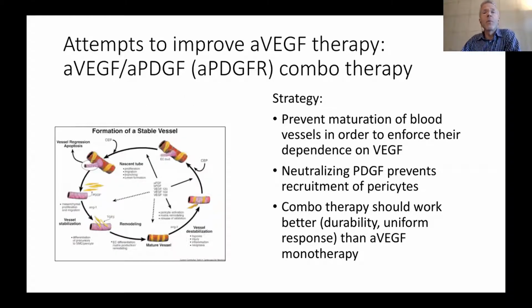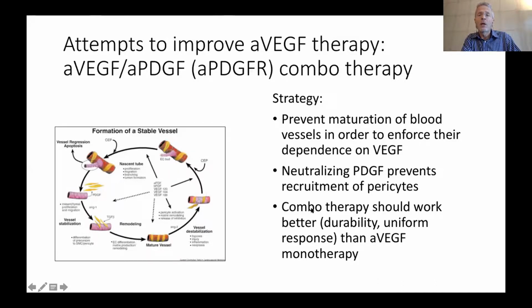So attempts to improve anti-VEGF therapy include anti-VEGF plus anti-PDGF or PDGFR combo therapy. The strategy here is to prevent the maturation of blood vessels in order to enforce their dependence on VEGF. That requires neutralization of PDGF because that will prevent the recruitment of pericytes, which help the nascent blood vessels mature.